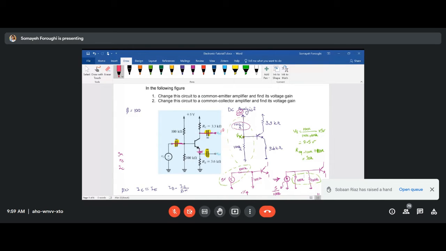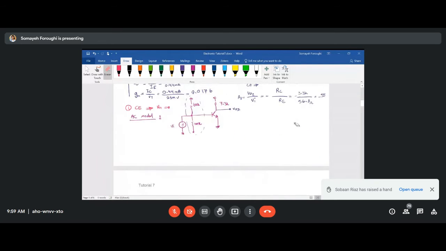Then your collector will be connected to the ground. Then here will be your output versus the VI on the left, and then finding the voltage gain. So let me show you the equivalence.